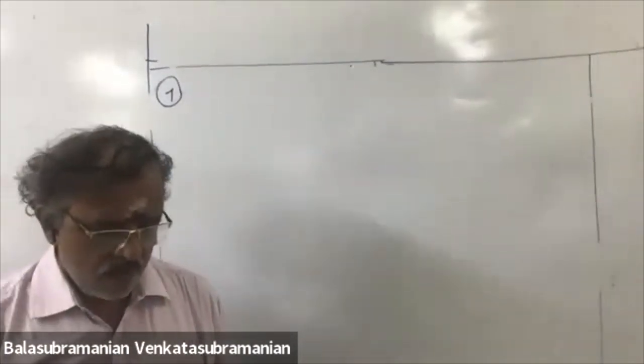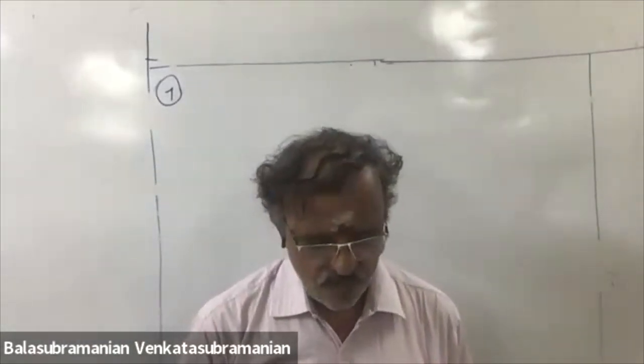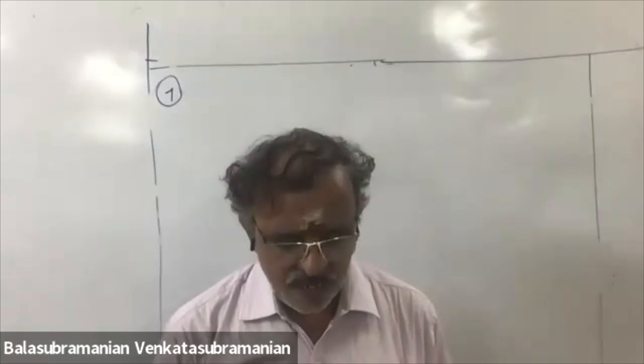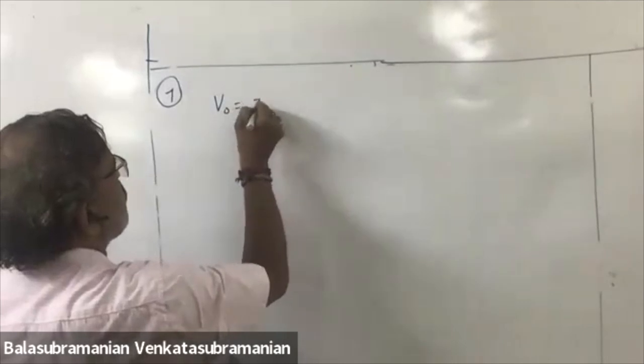Okay. So here also we are going to use equations of motion. Car is moving at a speed of 72 km per hour. So first you convert into meter per second.